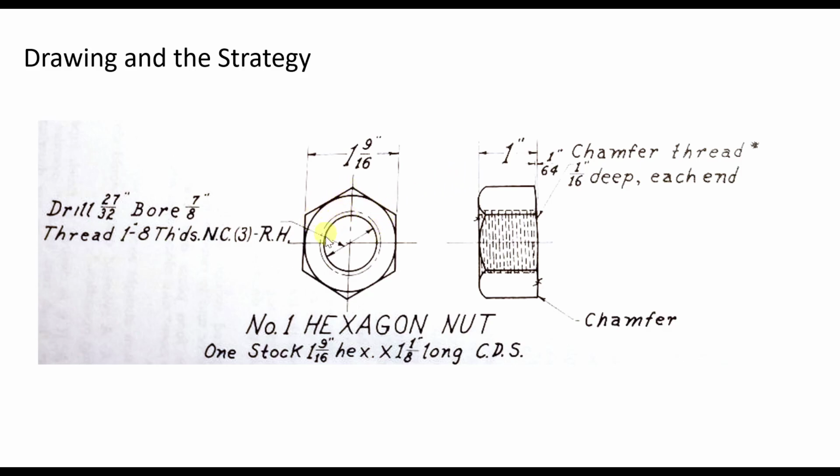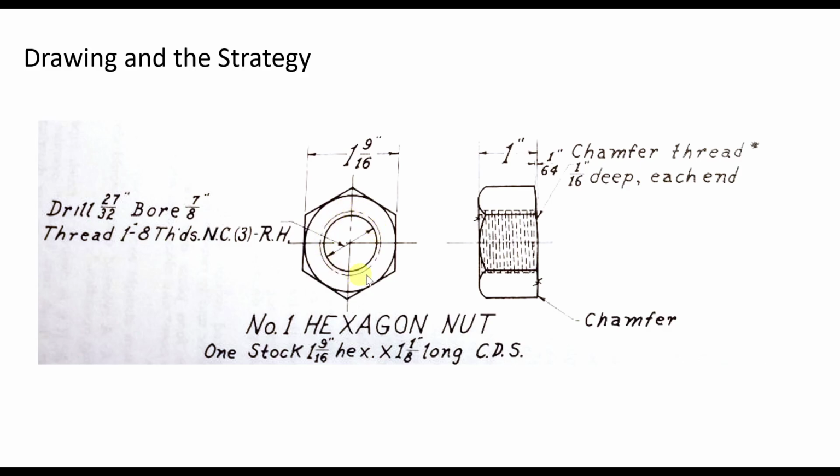After that, we can draw these 2 circles for the threaded hole. The inside circle is going to be the bore diameter. Then the outer circle should be with hidden lines.